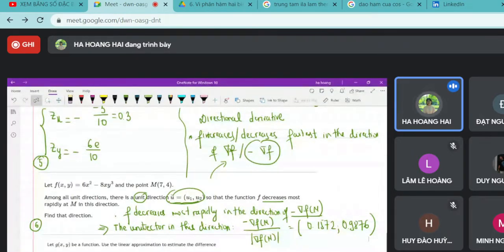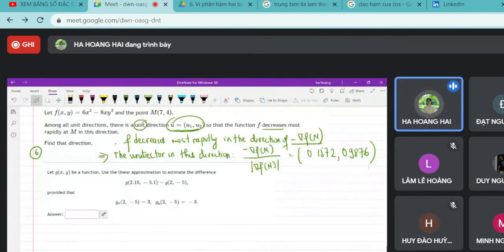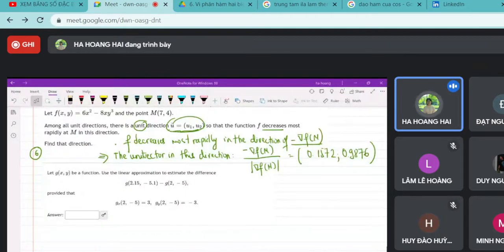Okay, now we move on to question number 6. Now let's take question number 6. We are given a function. Let's use the linear approximation to estimate the difference provided that.